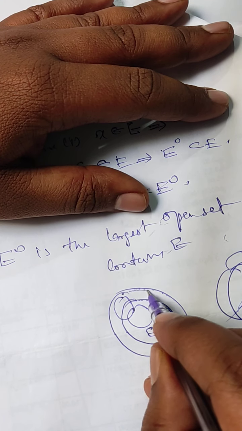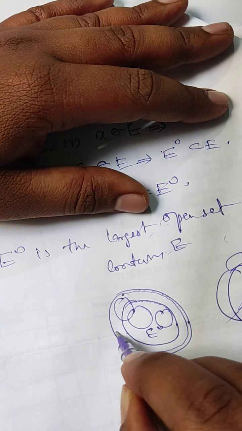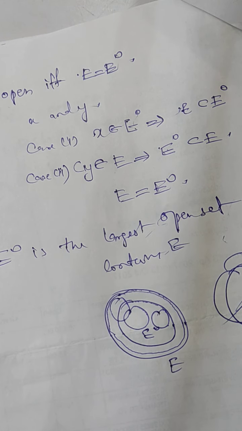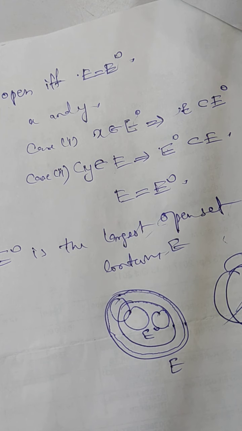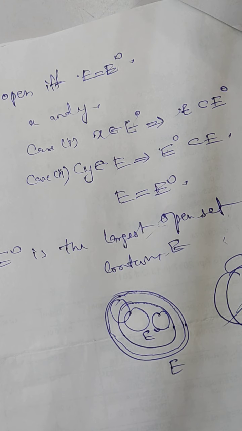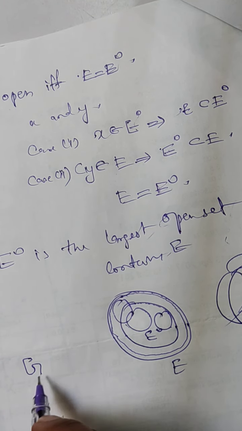So consider another open set which consists of all these neighborhoods of E. From that we can say that E is a subset of a union of all open sets, considering these open sets as G. So basically you can say that G is all open sets.